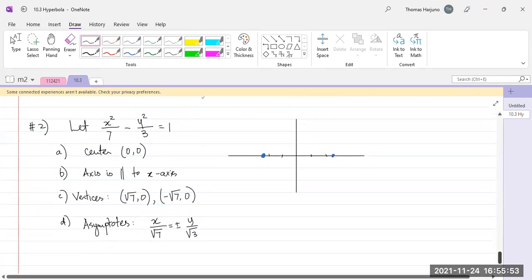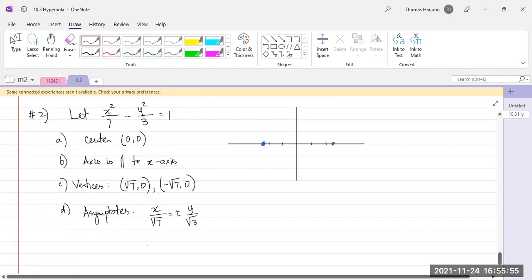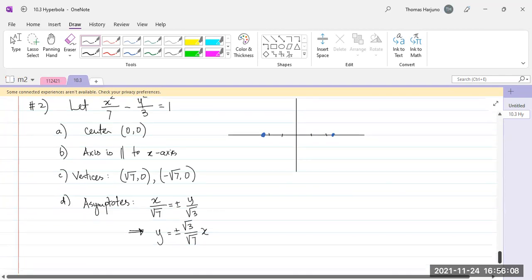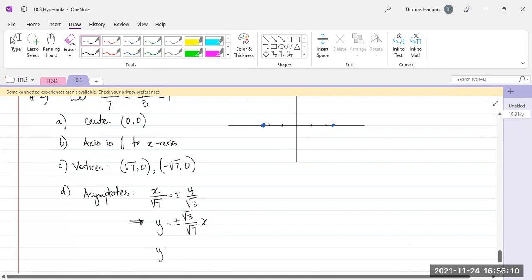We usually write it as y equals, right? So if I modify this, y equals plus or minus radical 3 over radical 7 of x. Rationalizing the denominator, that's y equals plus or minus radical 21 over 7 x.